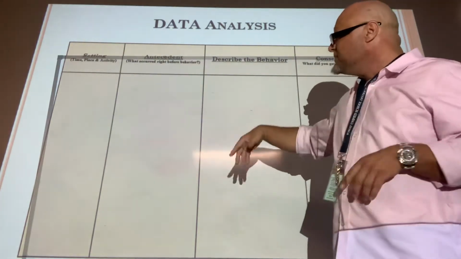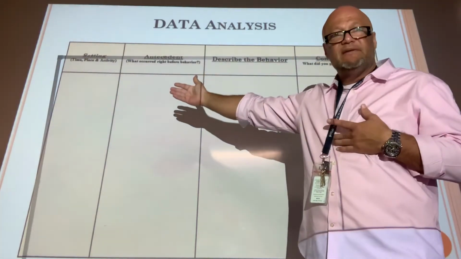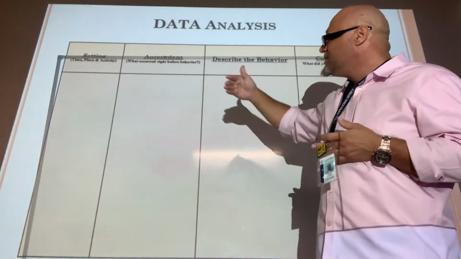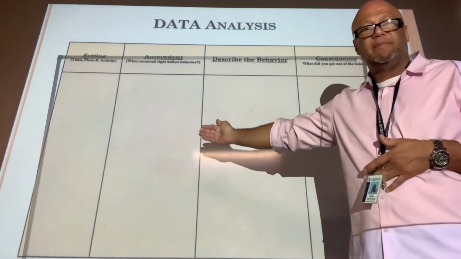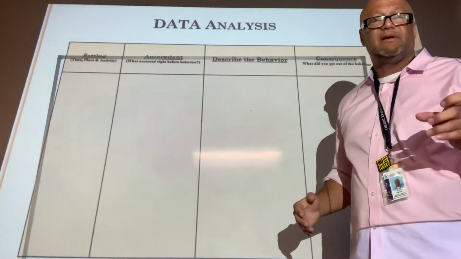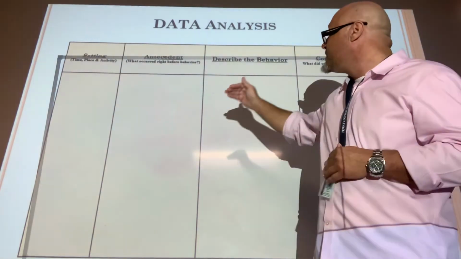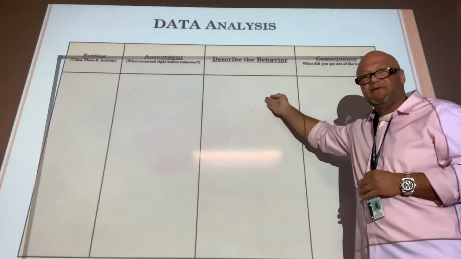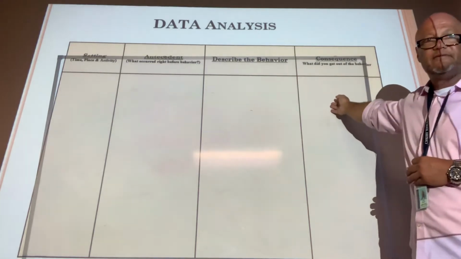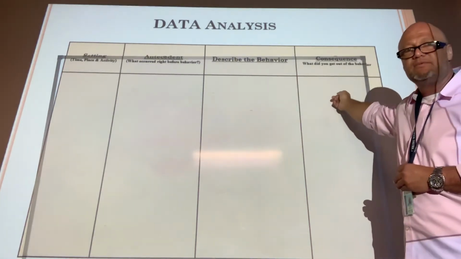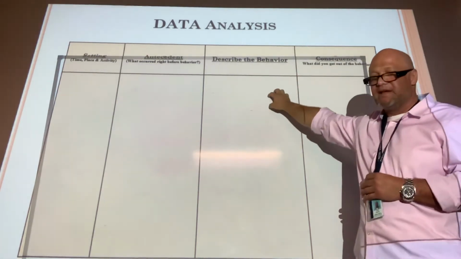You'll talk about what setting he was in, what happened right before that behavior or what triggered it, and it could be a few things, what the actual behavior was, and what he got out of it. What was the consequence?